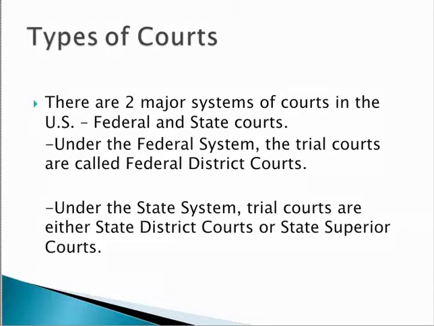A fair and public trial is a hallmark of the U.S. court system of justice. The courts include a federal system and a state system. These are the two major systems of courts in the United States.